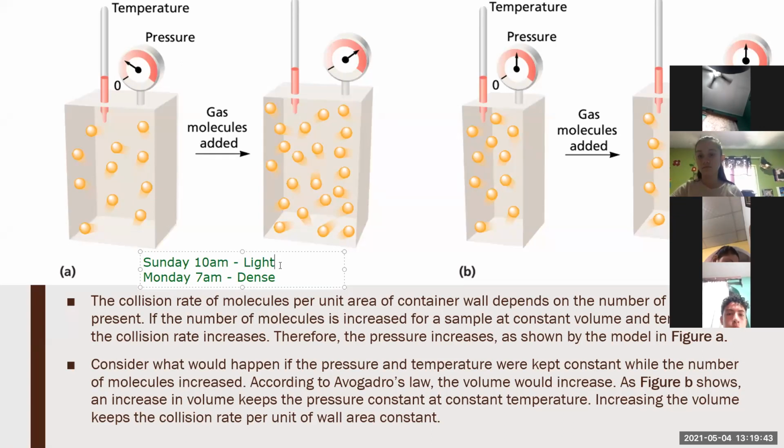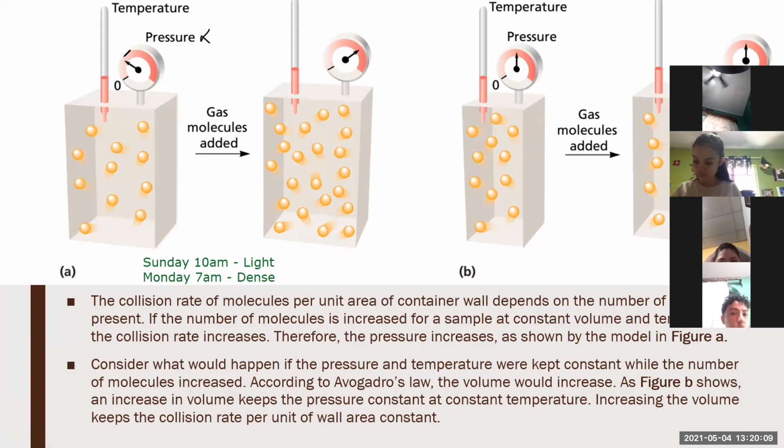And when that happens, keeping the temperature the same, and the volume also the same because the container is the same and holds the same amount of volume, what is going to happen? Those particles are going to collide, and that is going to cause an increase in the pressure, as you can see right here.